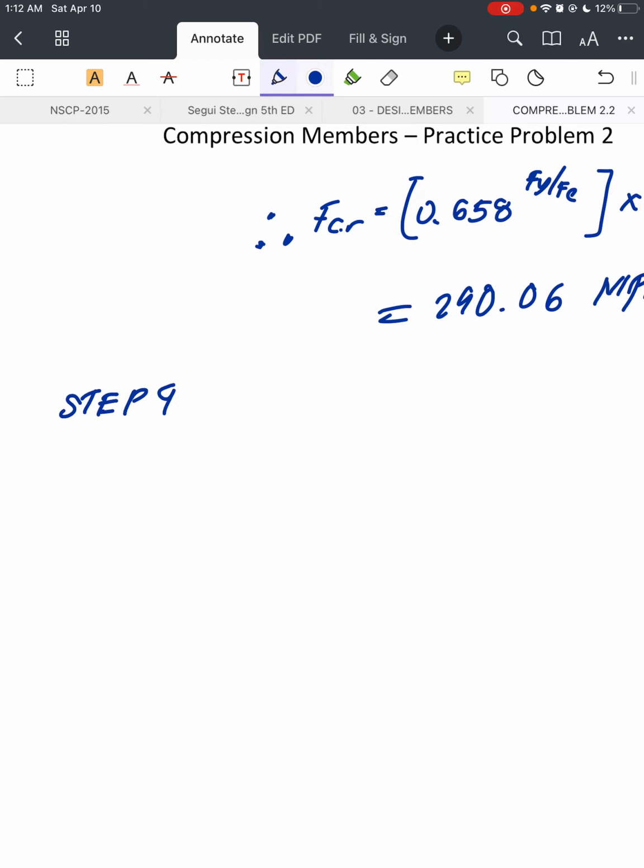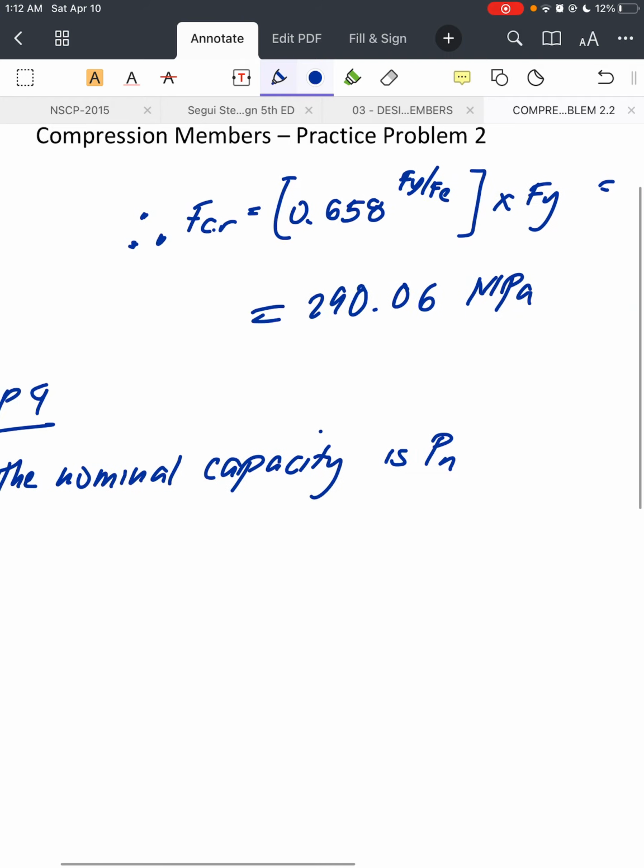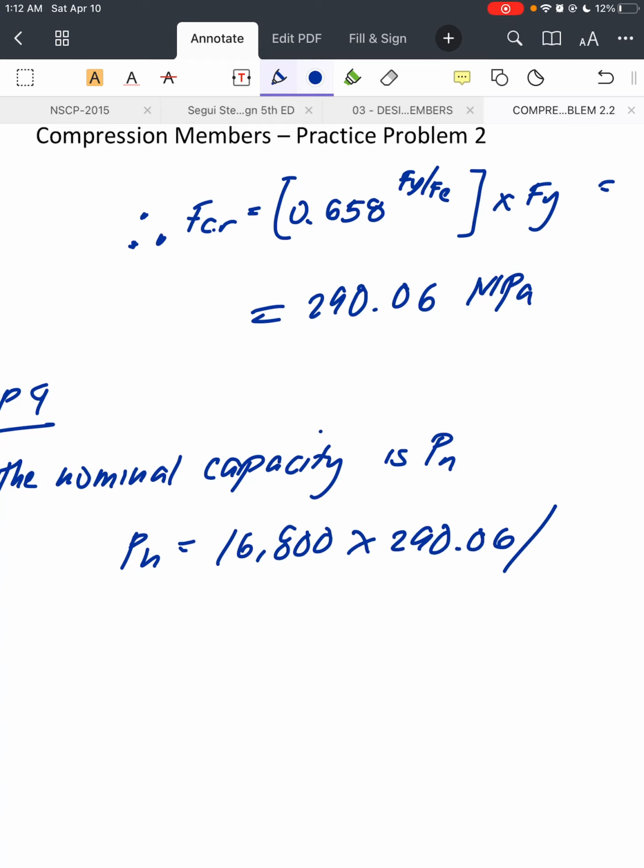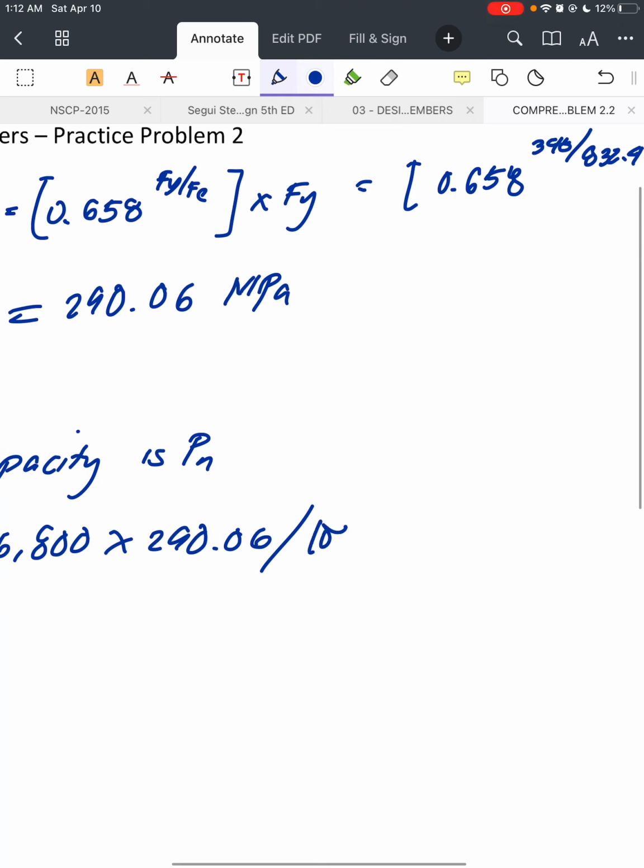Now, we now have our value for FCR, so you can now proceed to step 4 to determine the nominal capacity. Okay, so the nominal capacity is Pn. So Pn is equal to 16,800 times 290.06 over 1000.